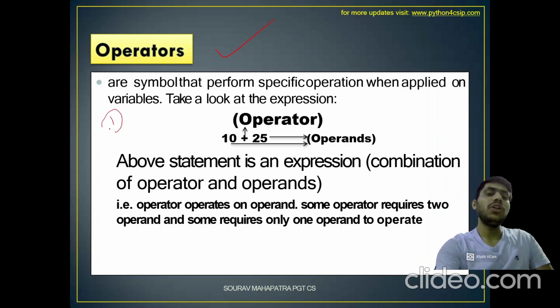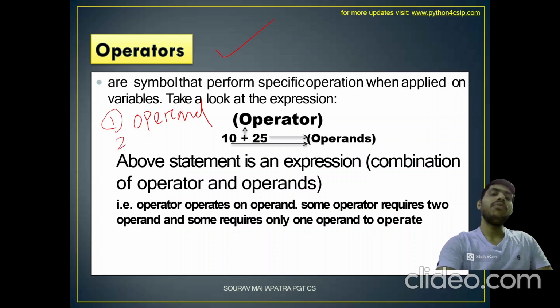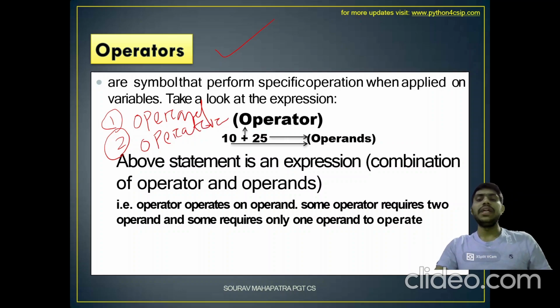First one is the operand, second one is the operator. Based on what operands and what operator are there, the operator will work. Clear? So operands are those variables or values you have taken.